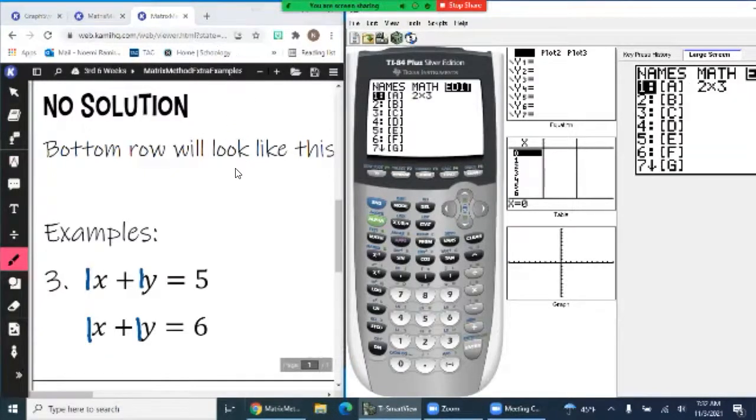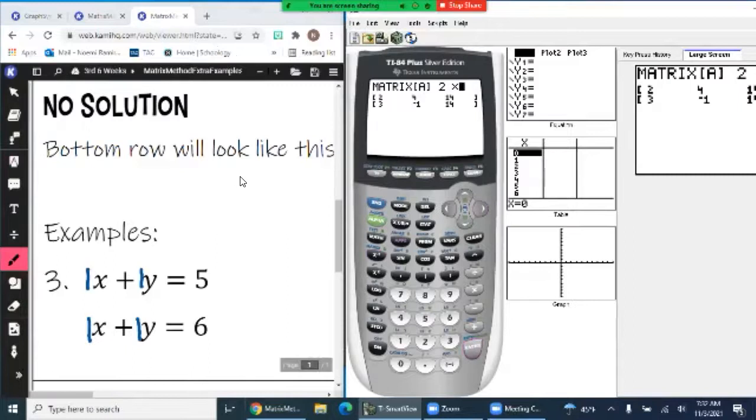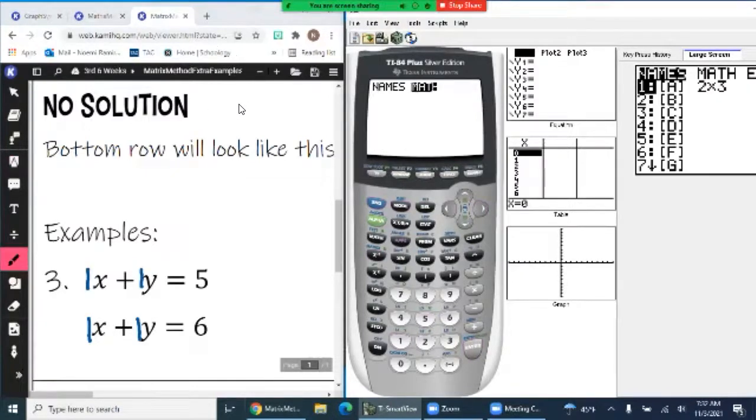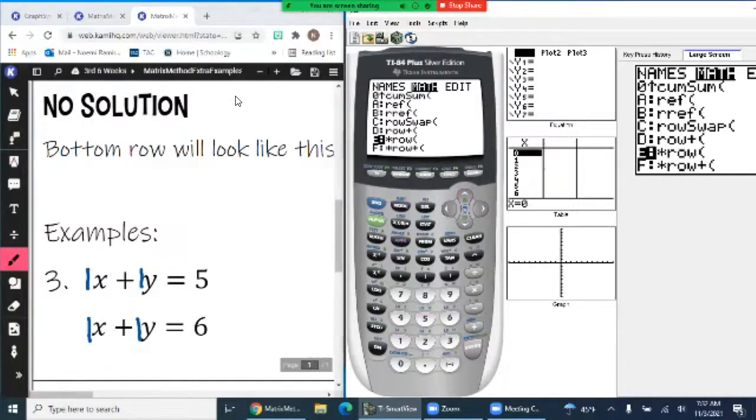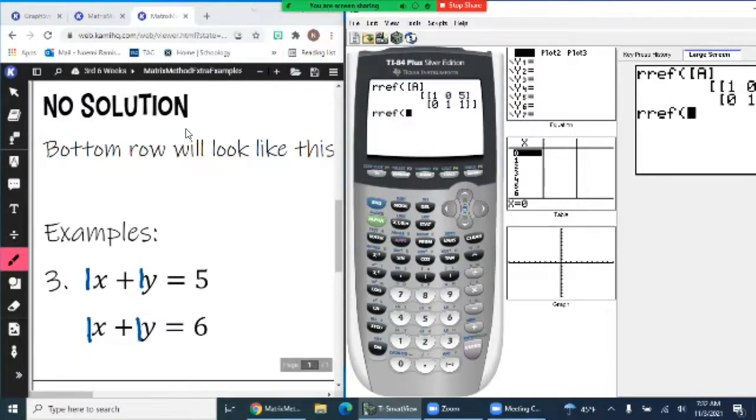So I'm going to go to edit. And with the last example, I'll show you guys on that phone. So 1, 1, 5, 1, 1, 6. Second quit. Back into matrix, math, up to ref with the 2 R's, and then second matrix, enter, enter.